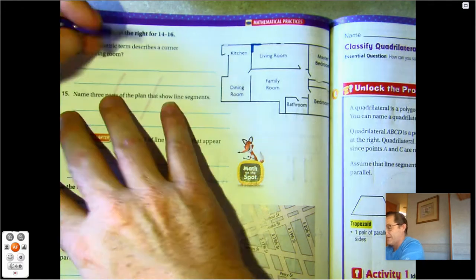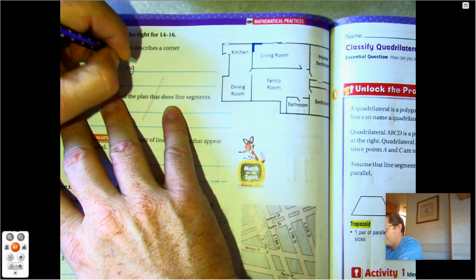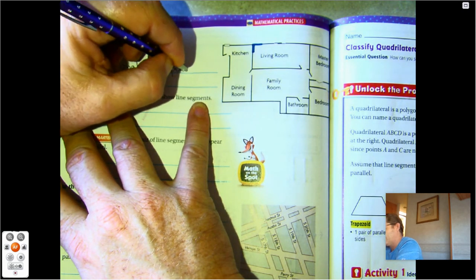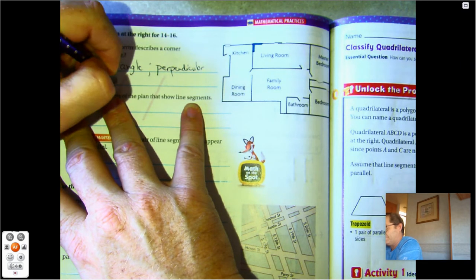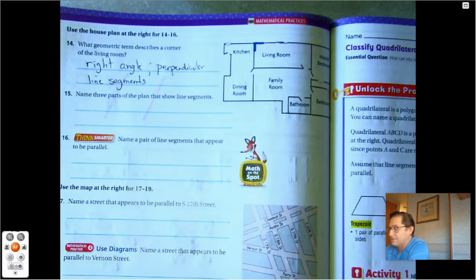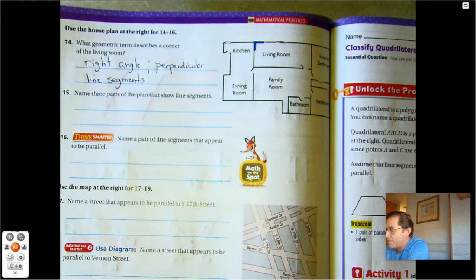Well, I could say it's a right angle or perpendicular line segment. Because perpendicular line segments have to form right angles. Name 3 parts of the plan that show line segments.